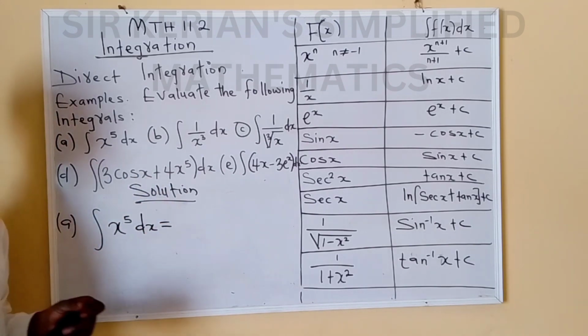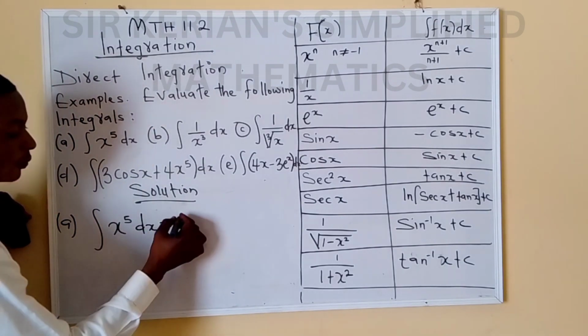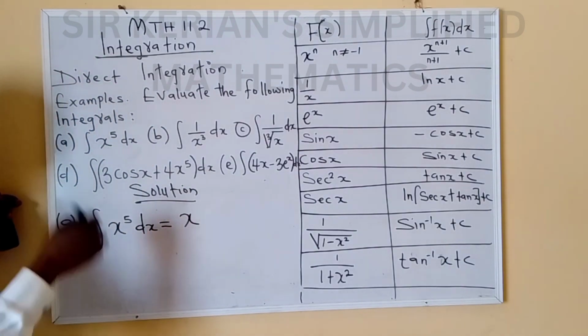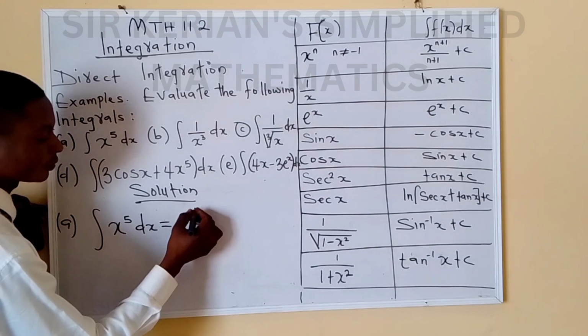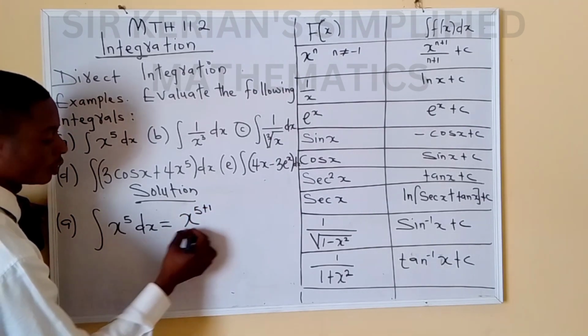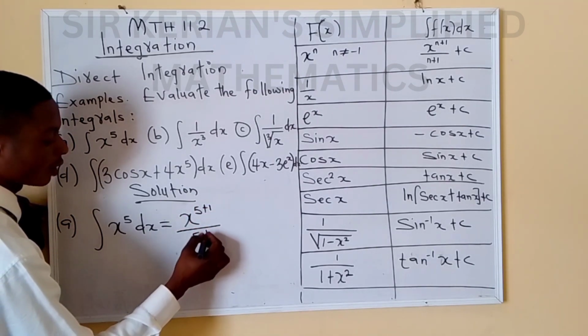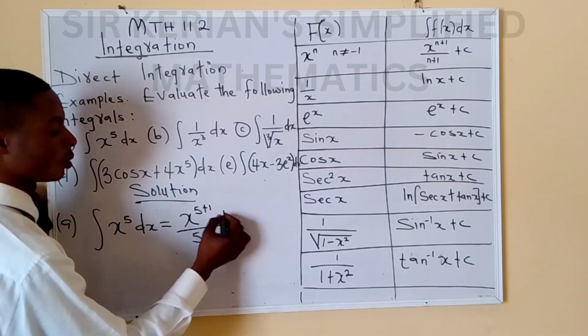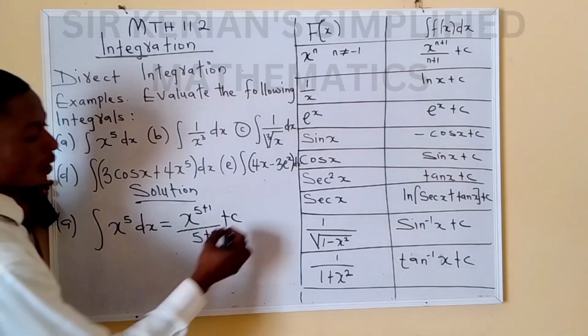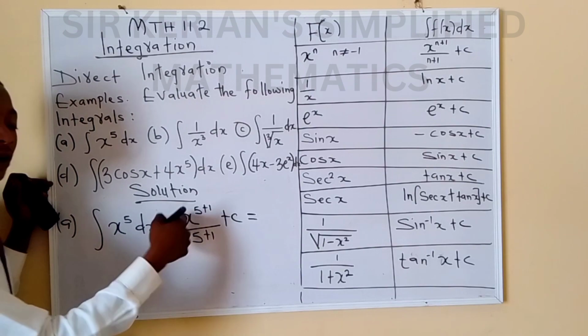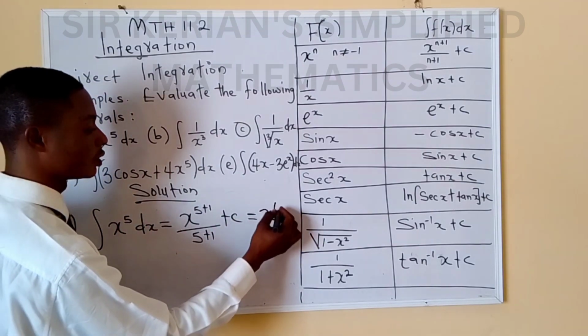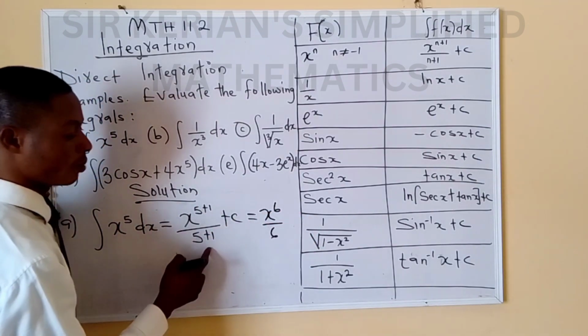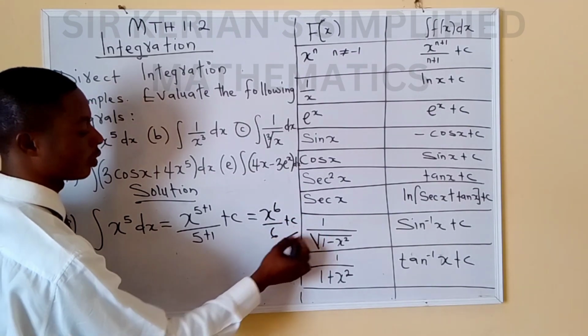So this is simple work, as I've said. It will be x, add 1 to the power, x raised to the power of 5 plus 1, divided by the new power 5 plus 1, plus c, the constant. And 5 plus 1 is 6. So you have x^6 divided by 6, plus the constant.